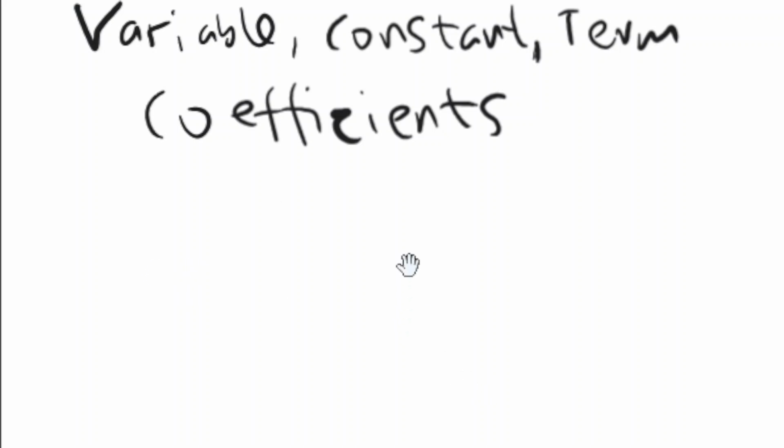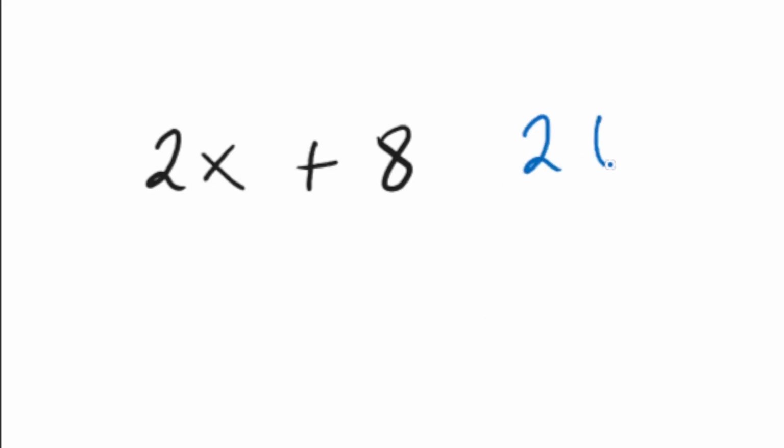So if I have an algebraic expression like, let's say, 2x plus 8, I know that this expression has two terms, which are 2x and then 8.